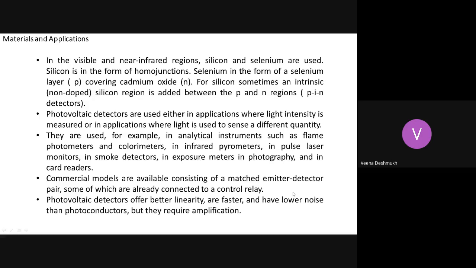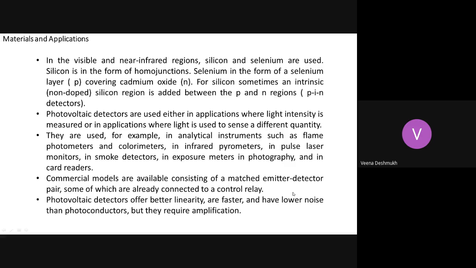Like our amplifiers, in the audio frequency band only an audio frequency amplifier is required to amplify that signal. Similarly, if I am generating a red color signal, then only a red color detector is to be designed, that is, in the specific wavelength band.